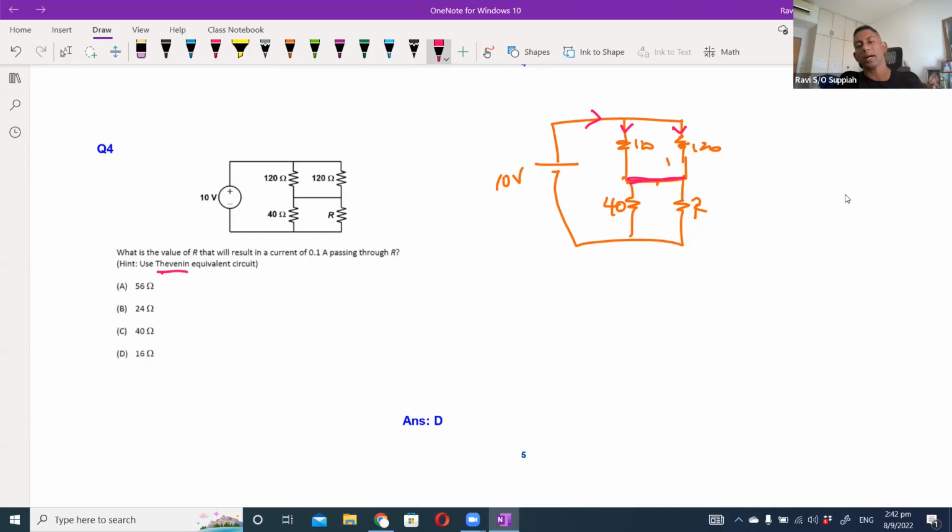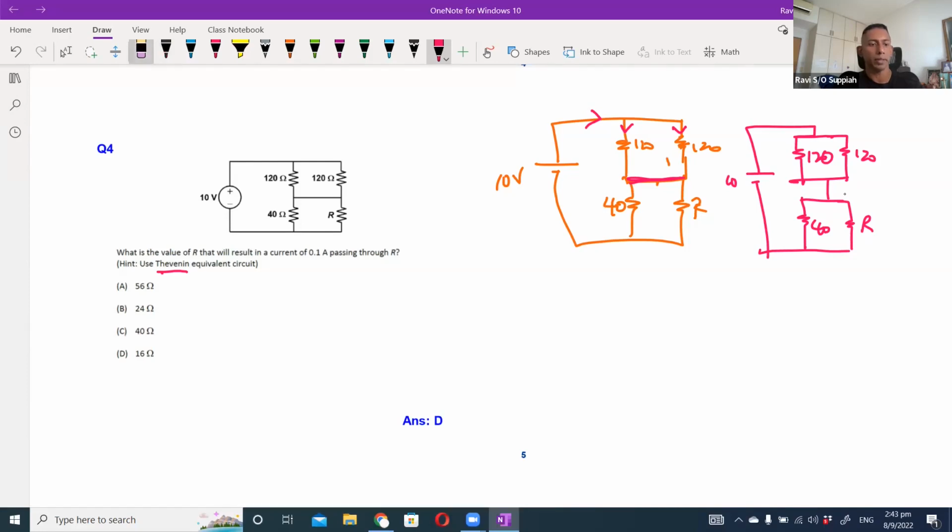That means the current that comes through the left side and the right side will eventually merge here and then split again into 40 and R. Which means that I can redraw this circuit as two separate parts here, 120 and 120, and then another 40 and R. So we know that 120 and 120, if I combine, will be 60.